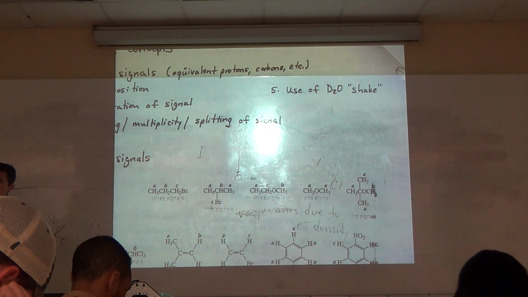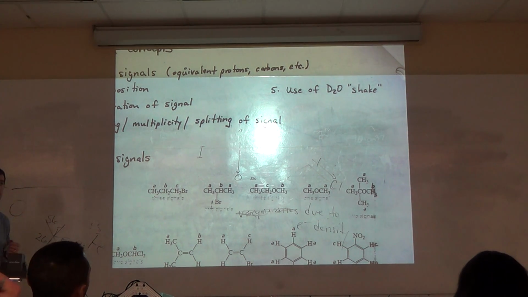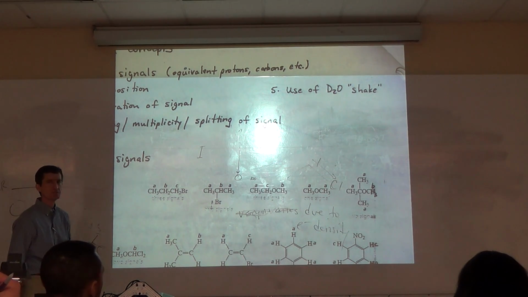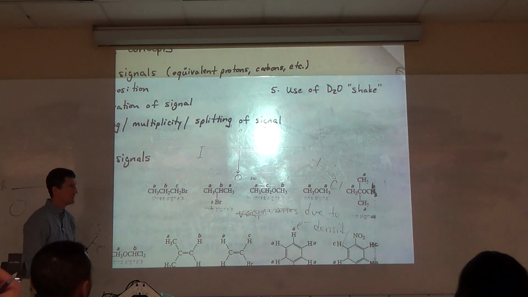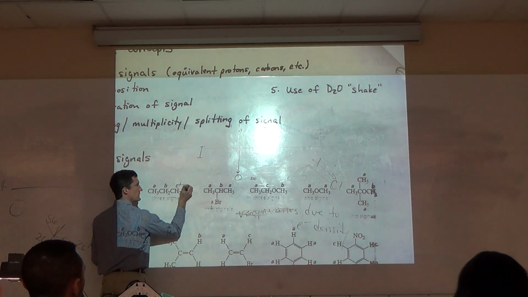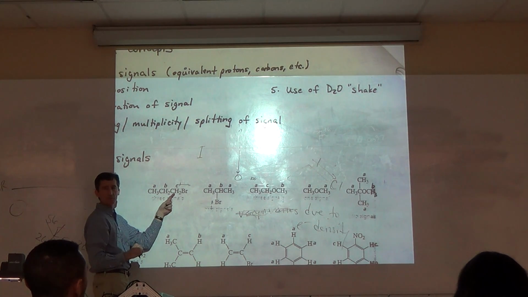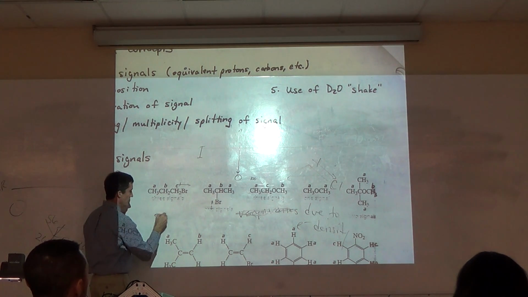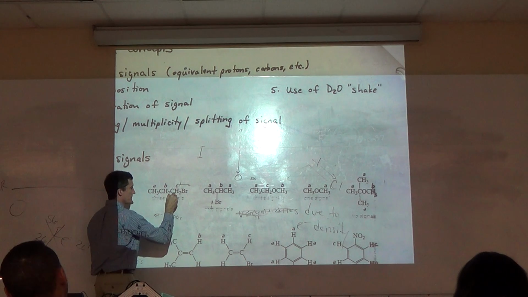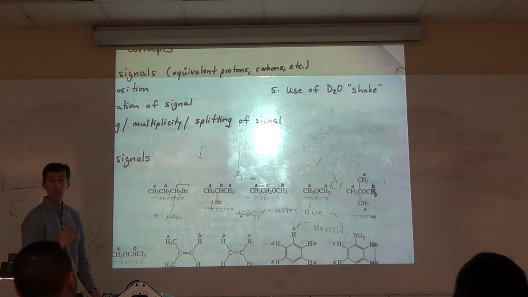Which type, A, B, or C, is experiencing more de-shielding? De-shielding. So what do we got here? Bromine's going to pull. So is C the most electron rich or most electron poor? Electron poor. Is electron poor going to give you more shielding, or is that going to be what we might call de-shielding? Electrons shield.